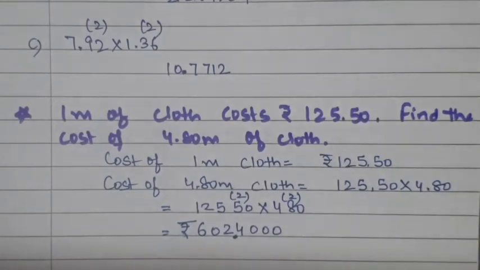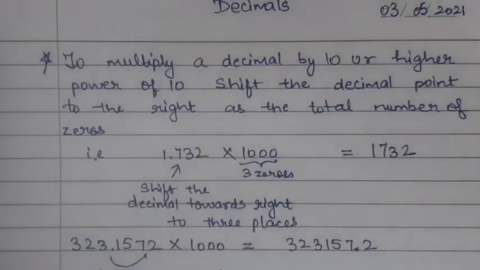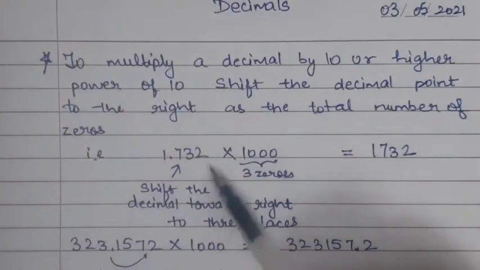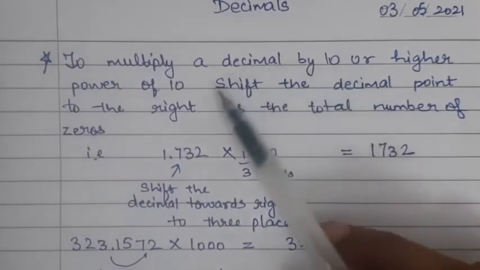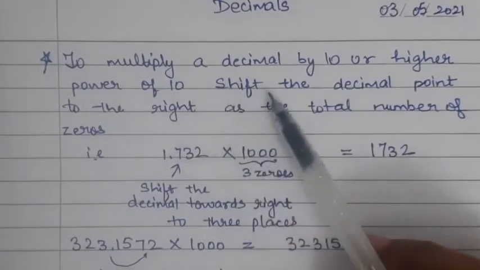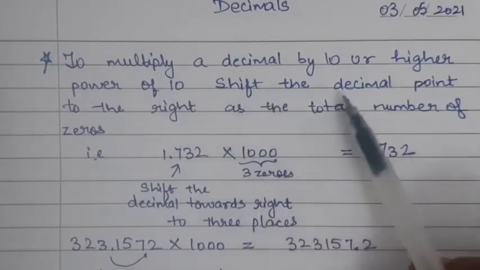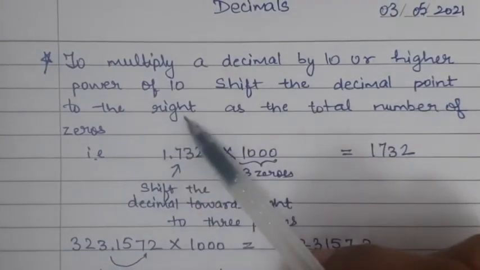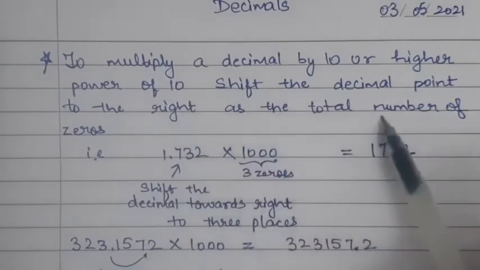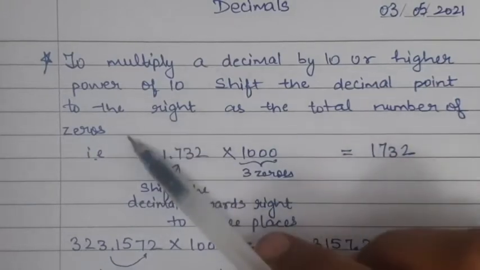602.4000. Clear, children? Now next is, if we have to multiply a decimal number by 10, by 100 or by 1000, what we do? We shift the decimal point to the right side as the total number of zeros.